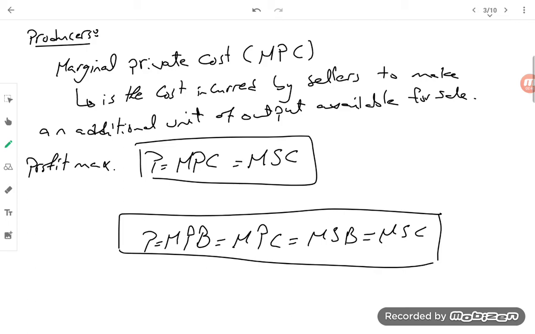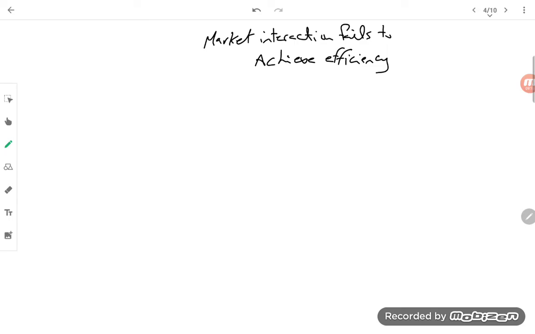The economy fails to achieve efficiency in two different cases.